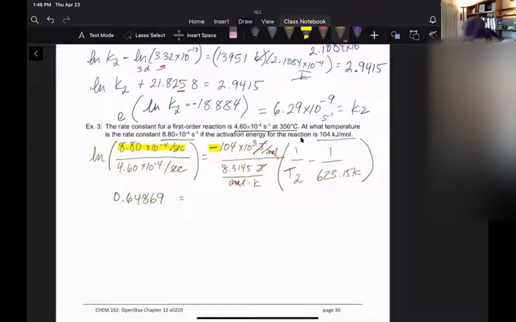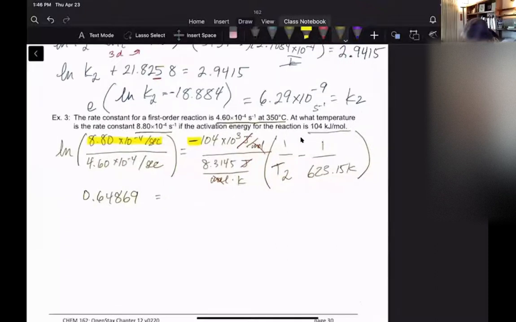Then the 4.61 would be K1, and this one would be K2.